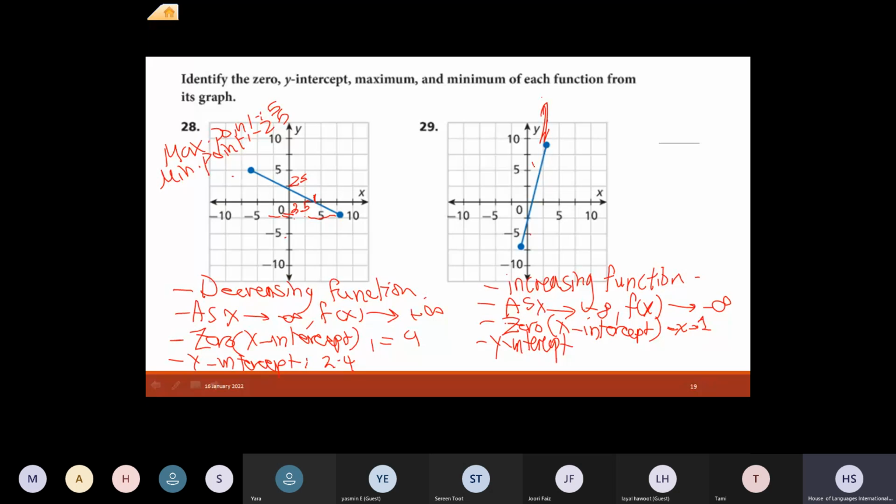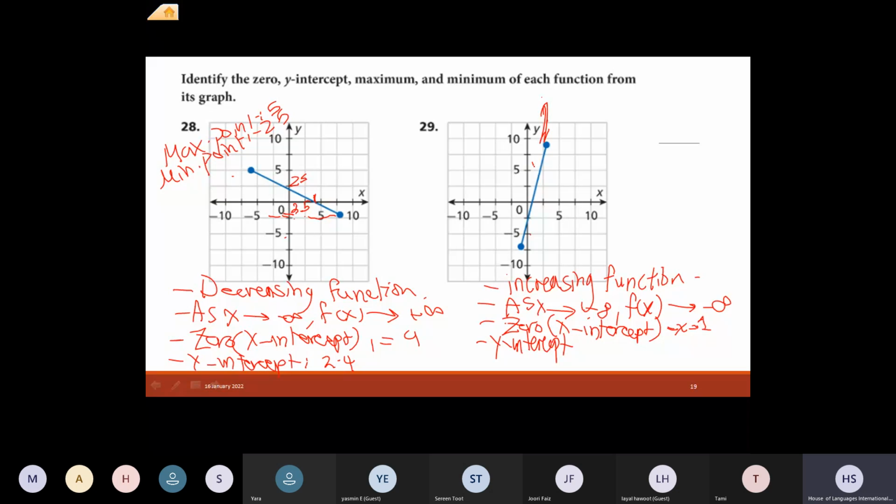It's in your book, it's different than here. So in your book, it's not the same. In your book, it's negative 2.5. But for the y-intercept, here negative 5, here negative 2.5.